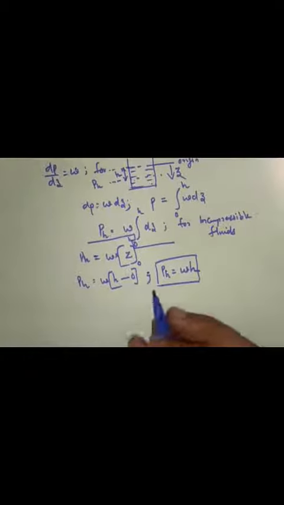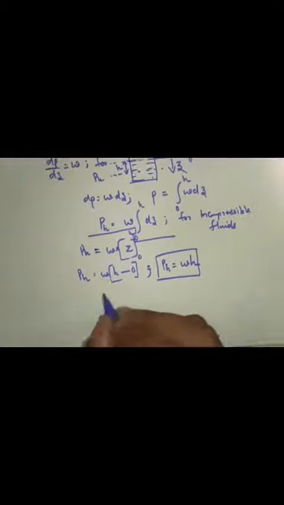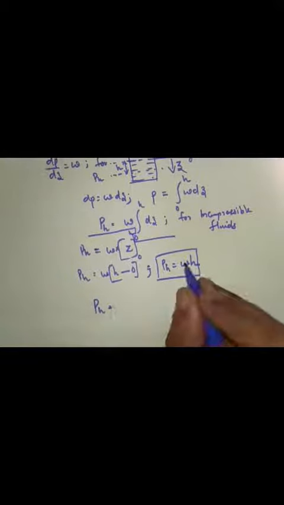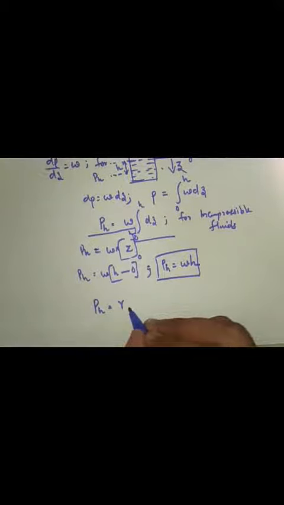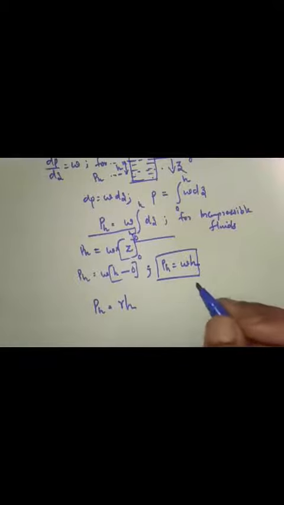The w can be written as gamma, the unit weight, so also gamma into h.